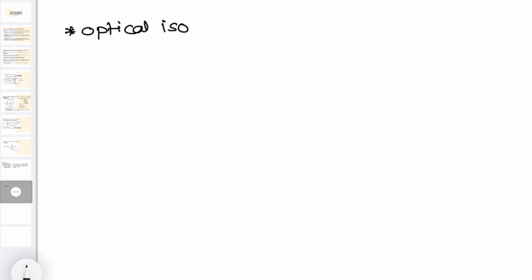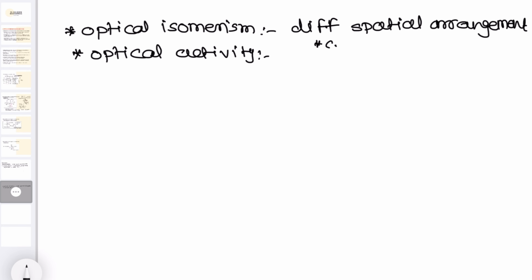Optical isomers differ from each other in a measurable property called optical activity.